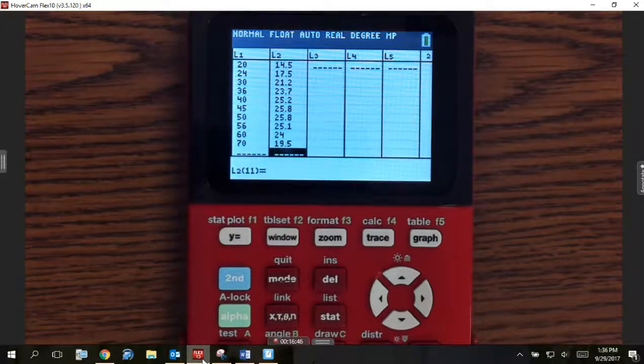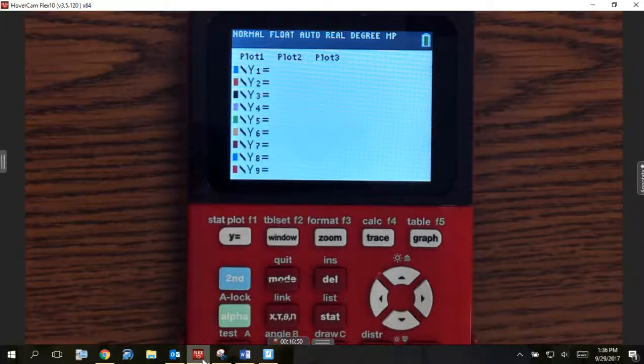Make sure everything's cleared out of y equals. I have to go a little slower, so please be patient so that everybody has the opportunity to do this, no matter how slow you are typing in those numbers.